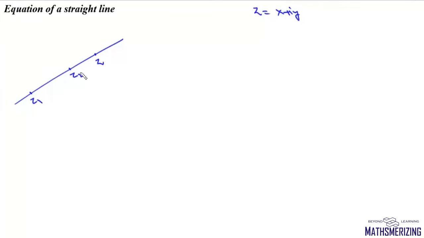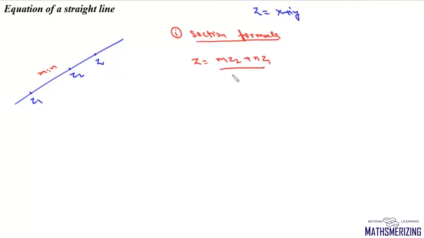Now there are many ways with which we can write this equation, and the first way is using the section formula. And the section formula says if these 3 points are collinear, then z will divide z1 and z2 in some ratio, say m is to n. We can write z as (m z2 plus n z1) upon (m plus n).